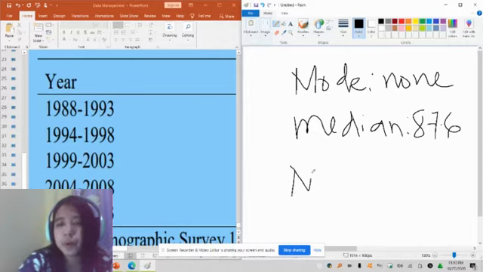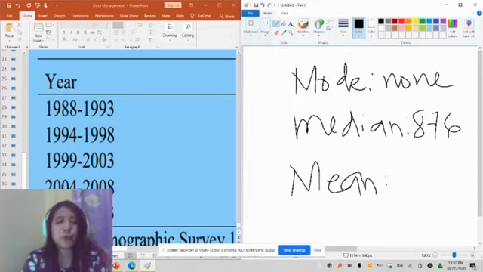How about for the mean? What will you do to compute for the mean? You will add. So let's go back to our data set.